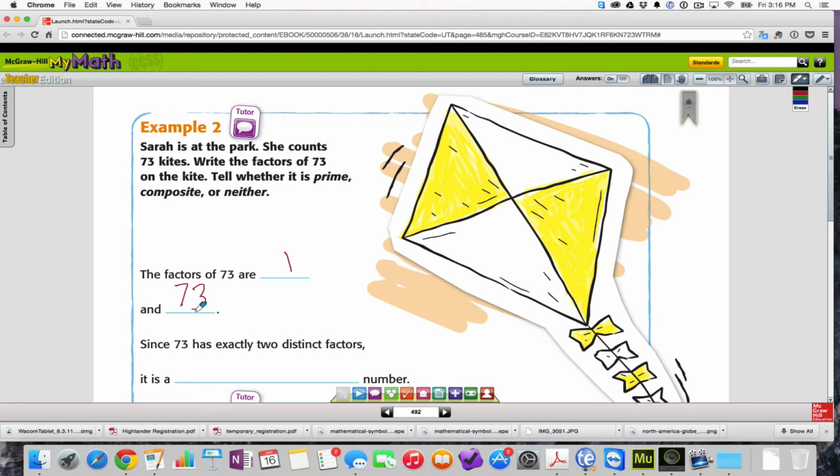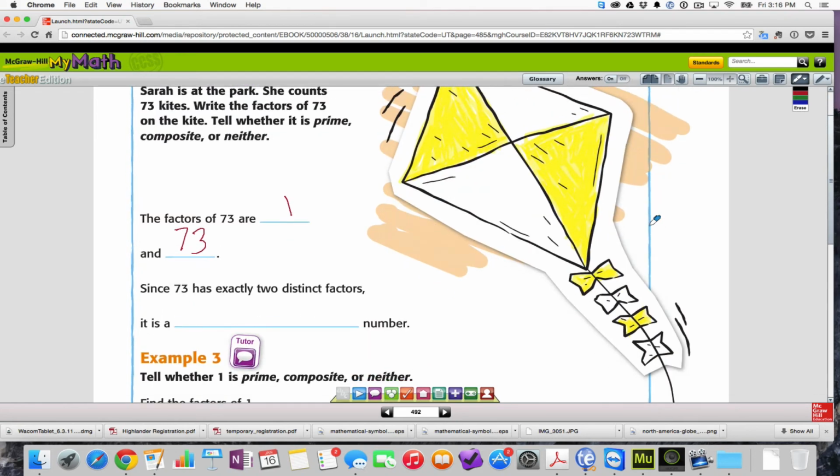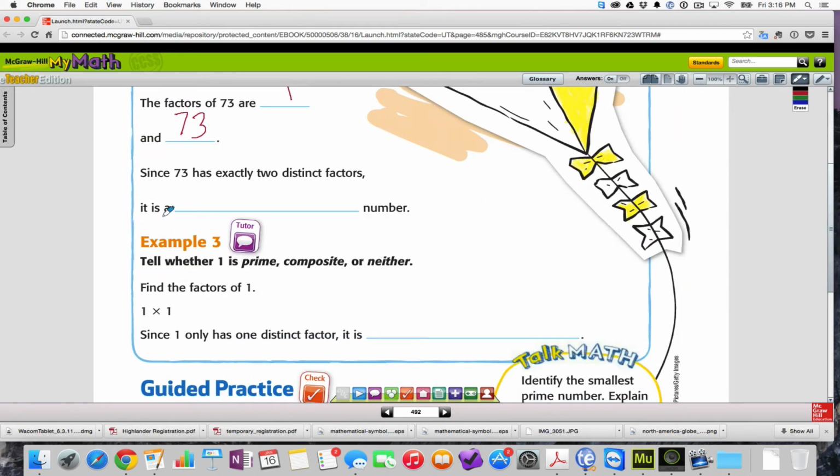It's not an even number, so we know that 2, 4, 6, or 8 will not go into it. And we can add those numbers together. 7 plus 3 equals 10, which is not divisible by 3. And so we know that 3, 6, and 9 do not go into it. So since 73 has exactly 2 distinct factors, it is a prime number.